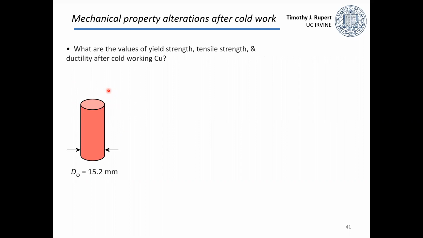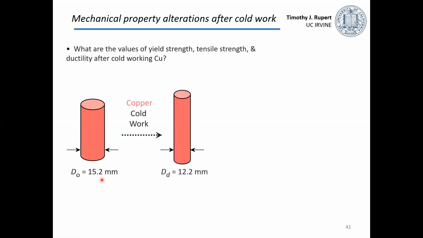Okay, so let's look a little bit more at these property alterations after cold work. One of the things we need to talk about is how we can describe that cold working. Say we have an original cylinder that starts at 15.2 millimeters diameter, and we're going to cold work this, pull on it, until the diameter is reduced to 12.2 millimeters. This is actually a good example because this is what happens when you do what's called drawing copper wire. You pull it so that it becomes thinner.